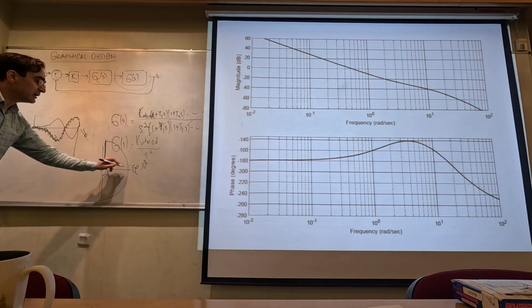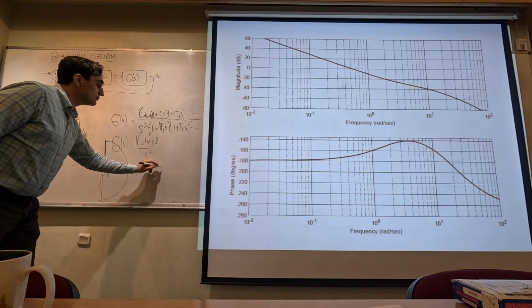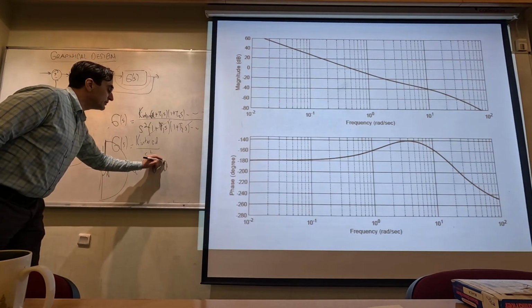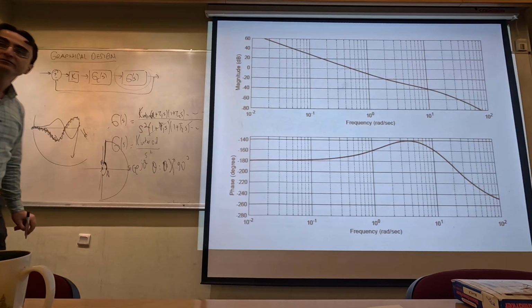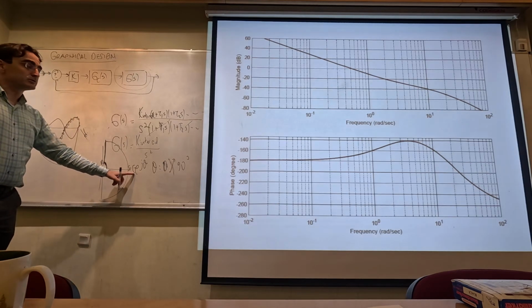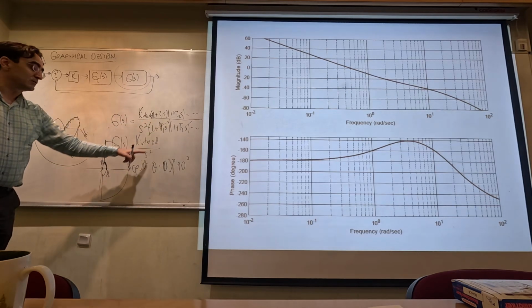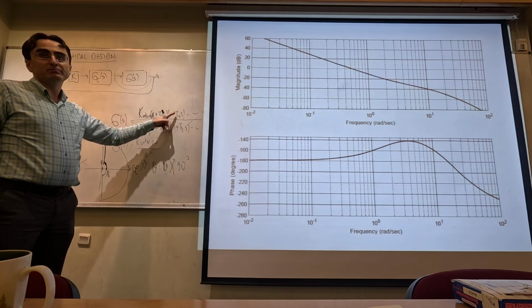From A to B, s is equal to epsilon e to the j theta. When theta changes, it starts from 0 and it increases to 90 degrees. Okay? And when I substitute epsilon e to the j theta in this transfer function, and when I let epsilon go to 0, all of these terms will turn to 1. Okay?